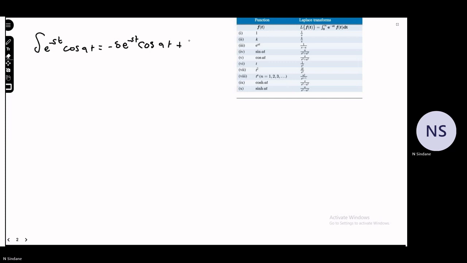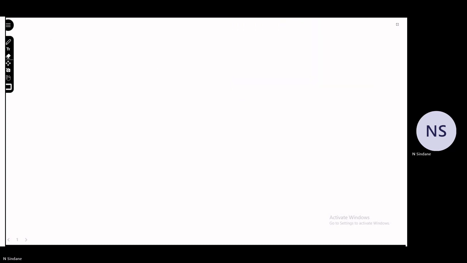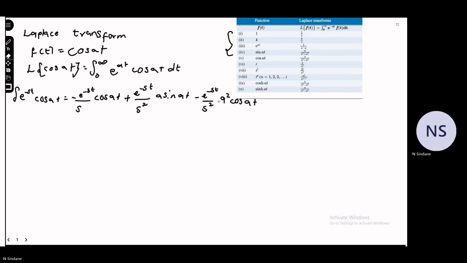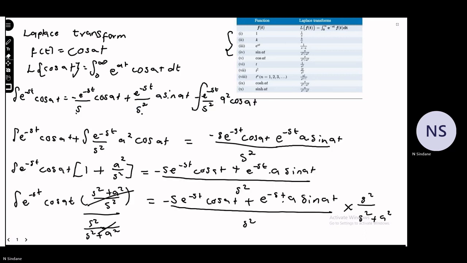Plus, if I remember well, e to the power minus st multiplied by a sine of at, all divided by s squared plus a squared. Let's just check one more time that we wrote everything well. Over here, this and this will cancel. Then we have this underneath. Okay, it's fine.